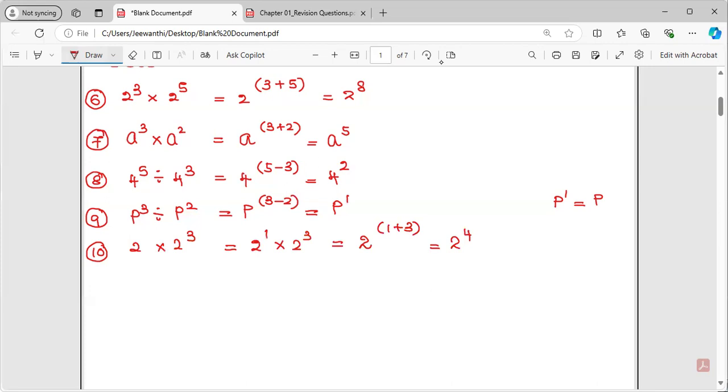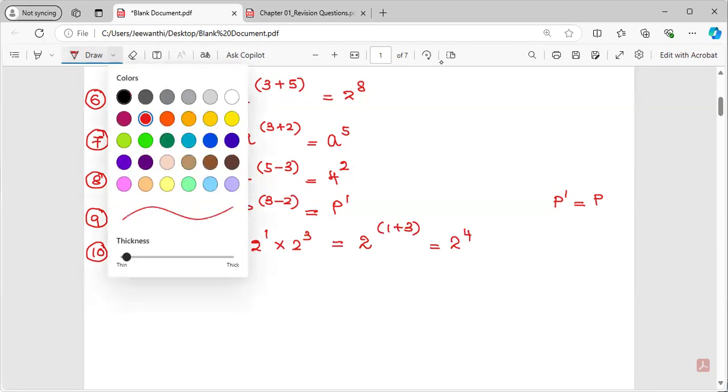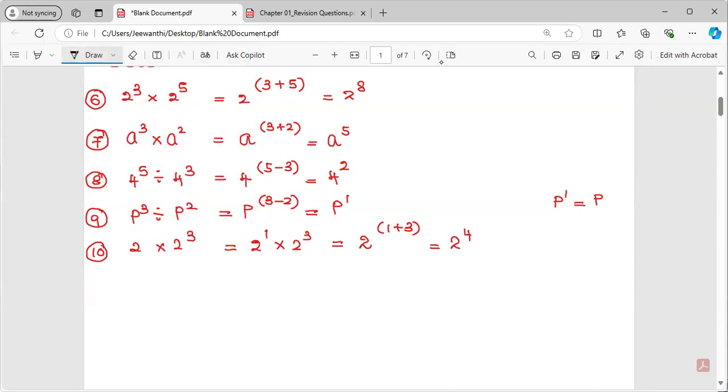For an example, I will take an additional question. See if you have something like this: 2 to the power of 3 divided by 2 to the power of 3. What is the answer, children? We can write 2 to the power of 3 minus 3. The answer is 2 to the power of 0. We know 2 to the power of 0 is 1.